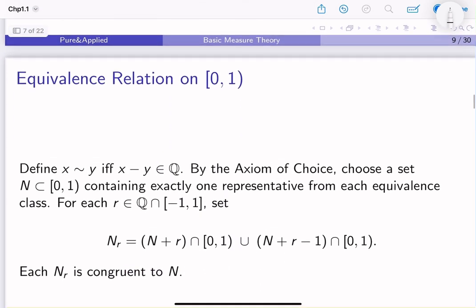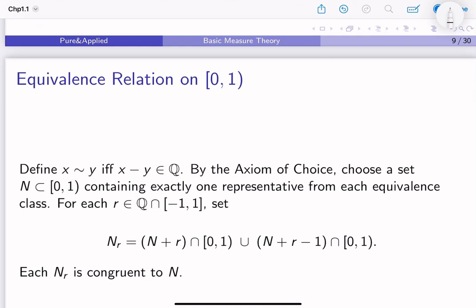So here's what we're going to do. We're going to take the interval [0, 1], and then we're going to consider the congruence relation that says x is congruent to y, and we're going to define this congruence relation to be if and only if their difference is in Q, a rational number.